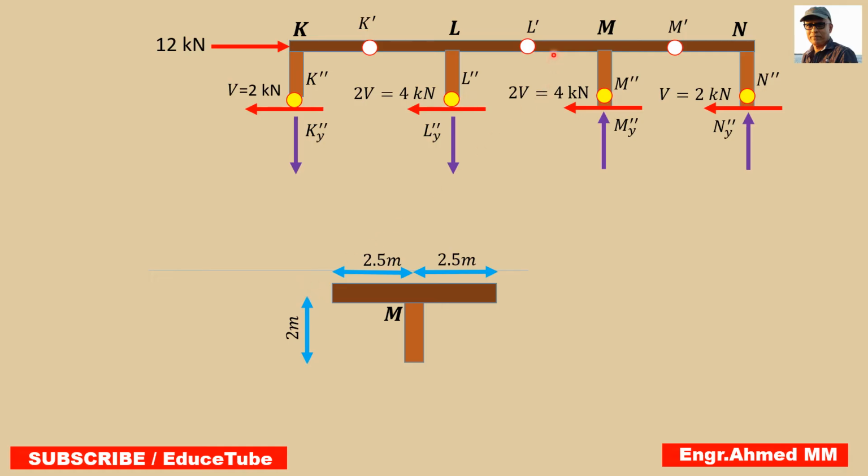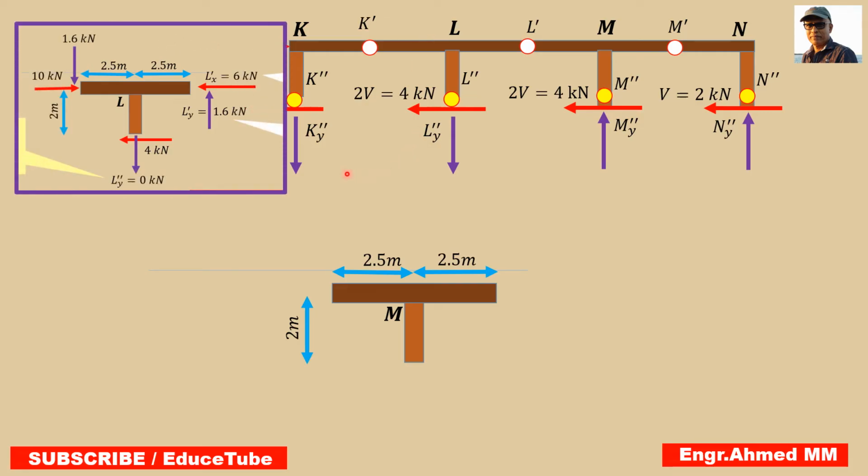So we need to see these positions, bringing this L segment. So what are the reactions component here? 6, 1.6. So right away we can bring these two reactions component at these positions. So let's bring that, but opposite directions. So we are done here.